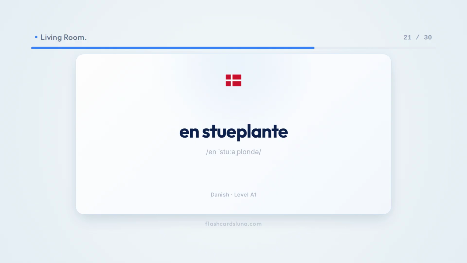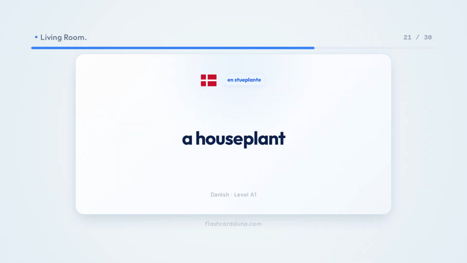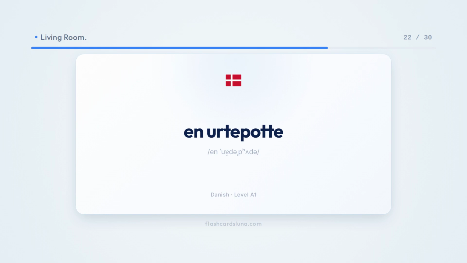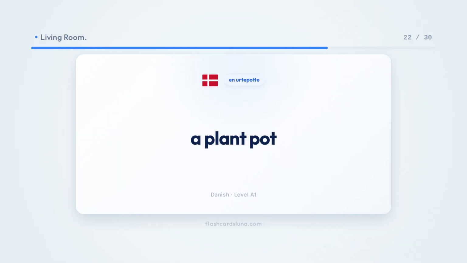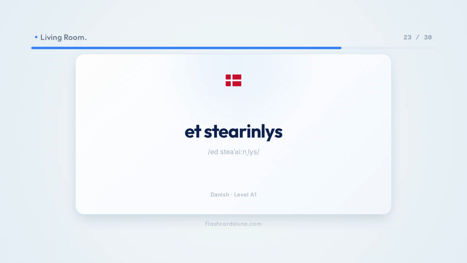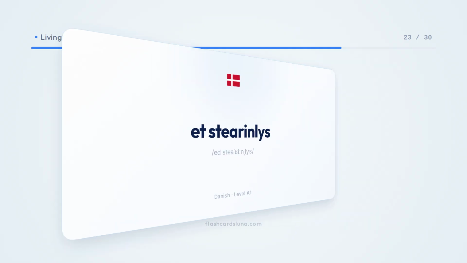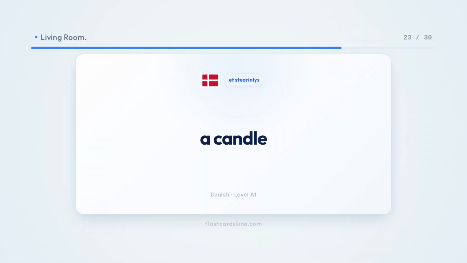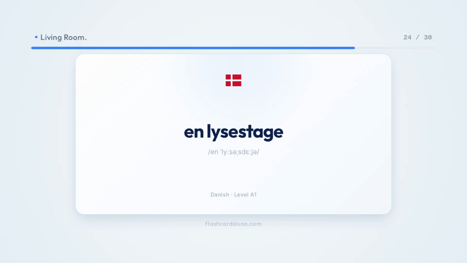En stueplante. A houseplant. En urtepotte. A plant pot. Et stearinlys. A candle. En lysestage.